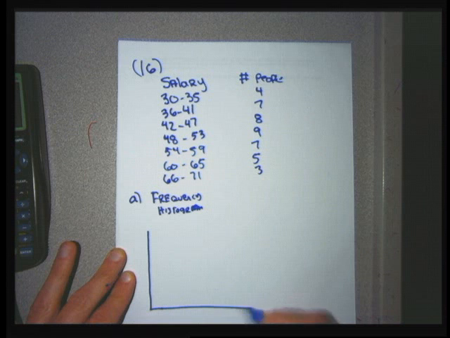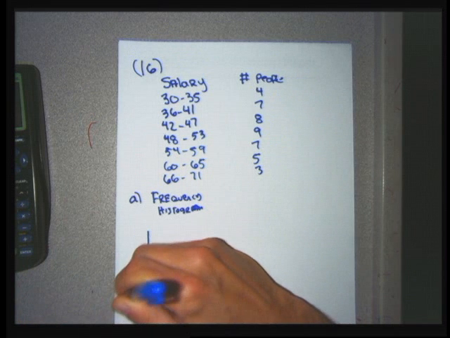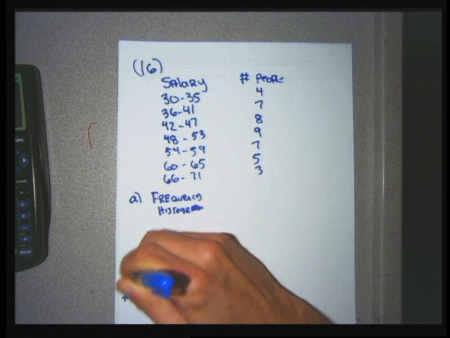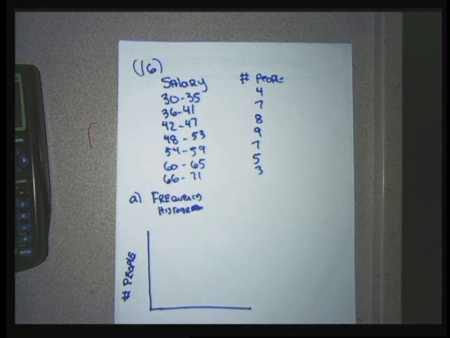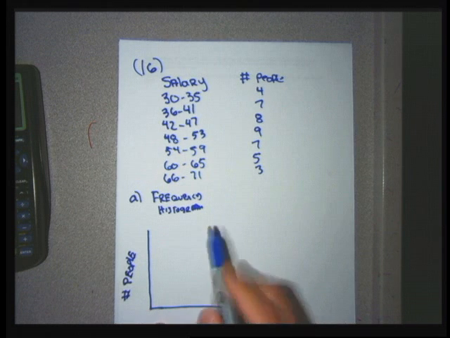The bottom of my bar chart, I'm going to write salary, because that's the left-hand column. And on the vertical or Y axis, I'm going to write number of people. And this is where the author varies from me a little bit. On the x-axis, the author's going to put the midpoint.